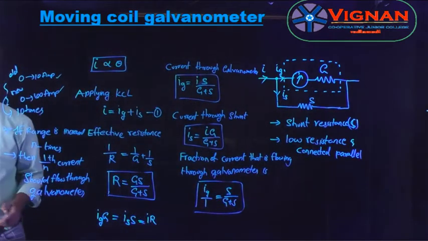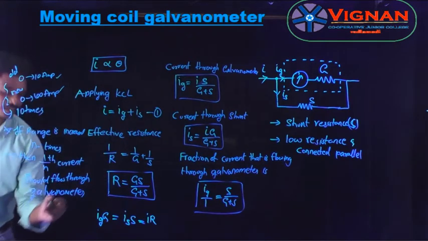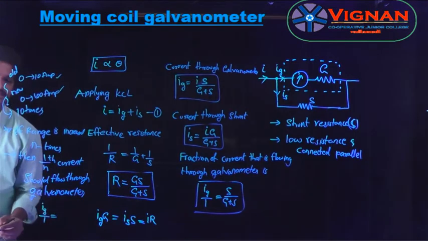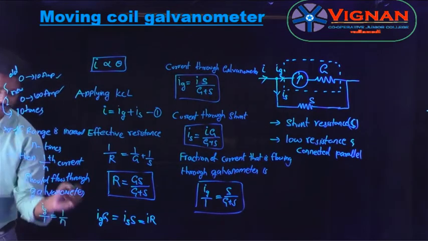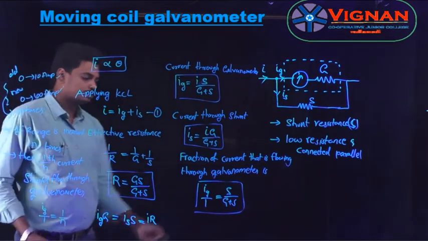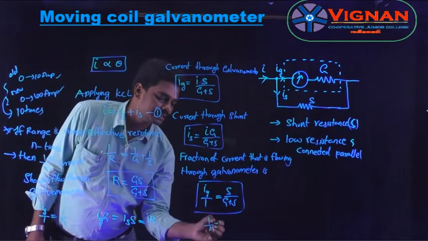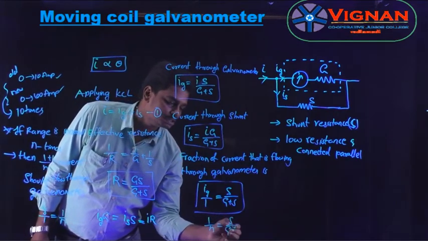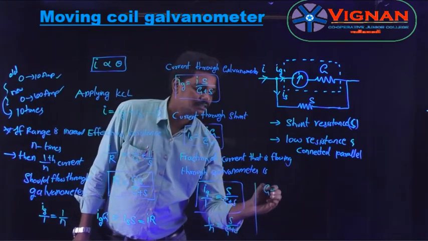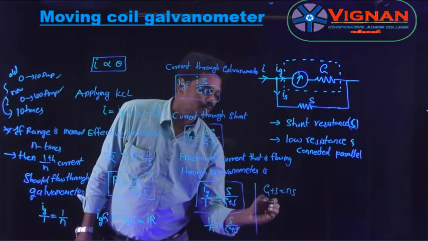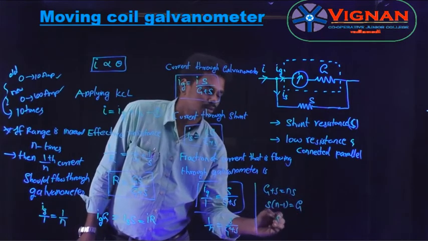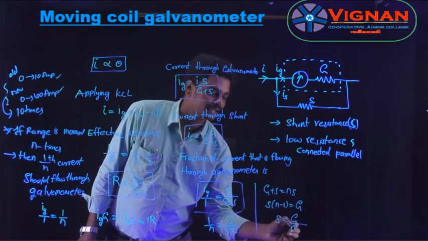As only 1 by n of the current flows through the galvanometer, Ig by I is equal to 1 by n. By substituting this value, 1 by n is equal to S by G plus S. Cross multiplying, we get G plus S is equal to nS, or S into n minus 1 is equal to G, or S is equal to G divided by n minus 1.